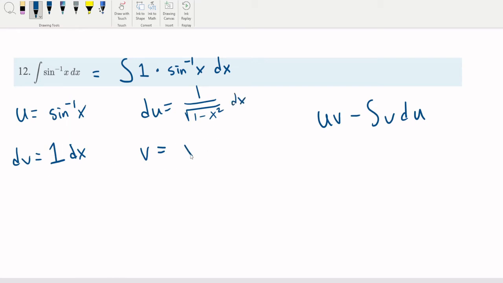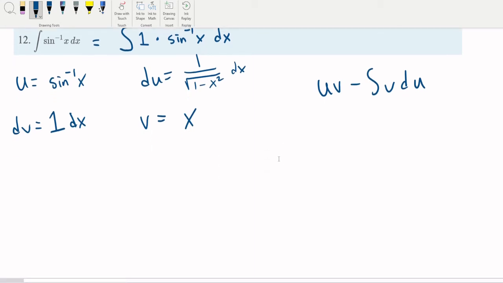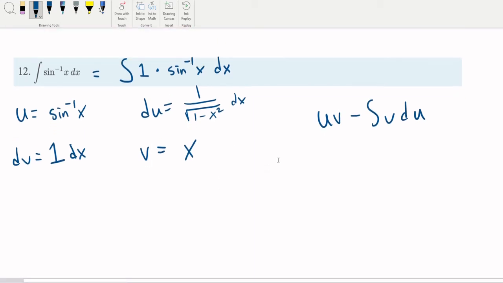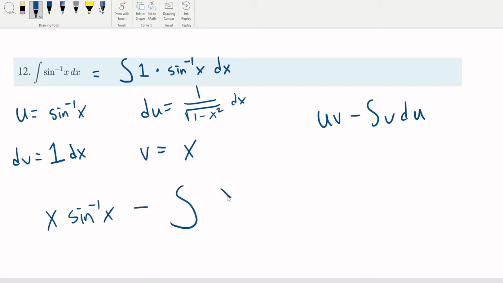Well, it's just x. All right, so you might be looking at this kind of like, this does not look better. Well, just give it a shot. Try plugging it in. So we've got uv, okay, minus the integral of v du. So I'm just squishing them together.